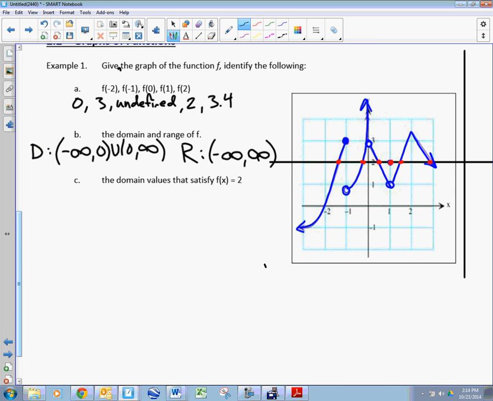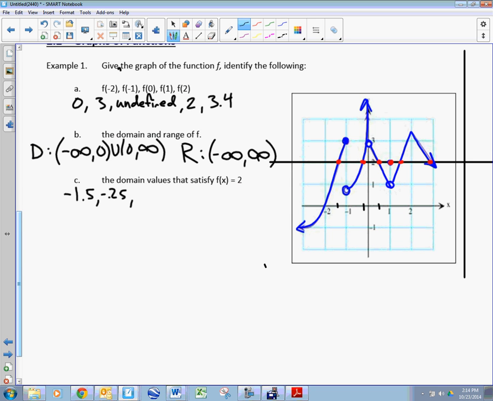So we want to state the x values that will give us an output of 2. Estimate them. What would this one be right here? Sure, -1.5. How about this one? -0.25. How about this one?